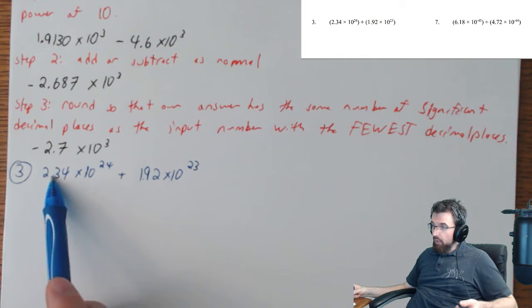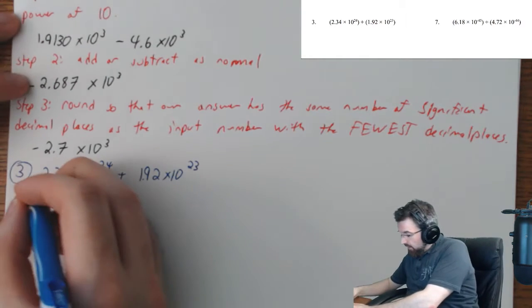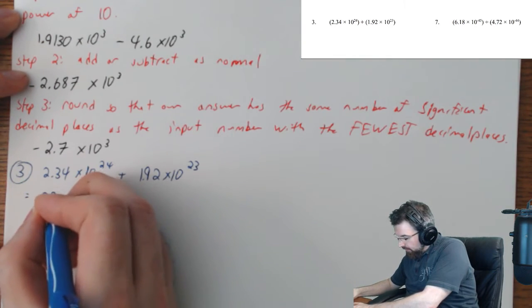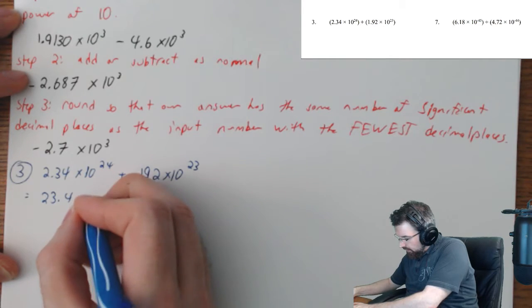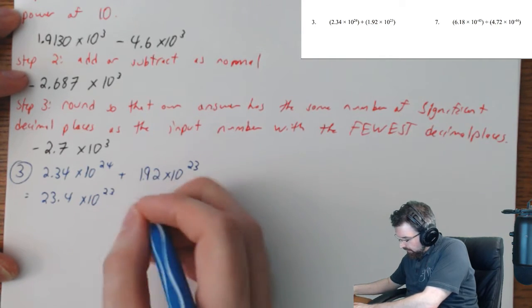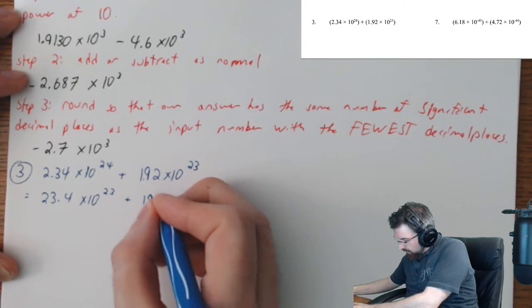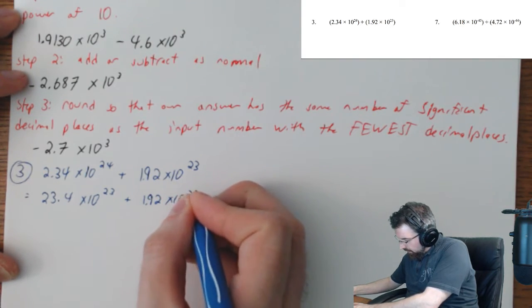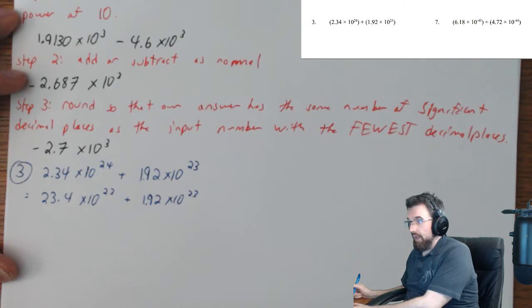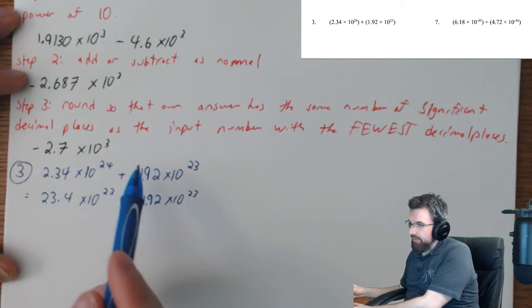So I could say this is 23.4 times 10 to the 23 plus 1.92 times 10 to the 23. I could call that.